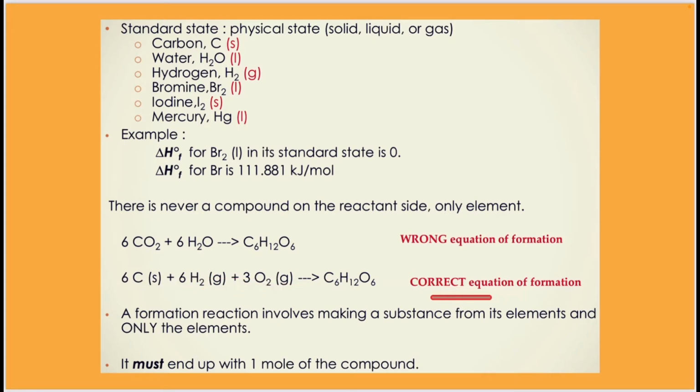So this is the correct equation of formation. A formation reaction involves making a substance from its elements, and only the elements. It must end up with 1 mole of the compound. For example, the product is only 1 mole of the compound.